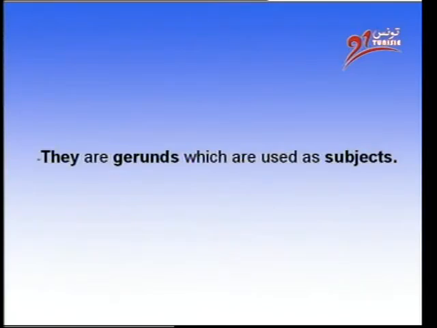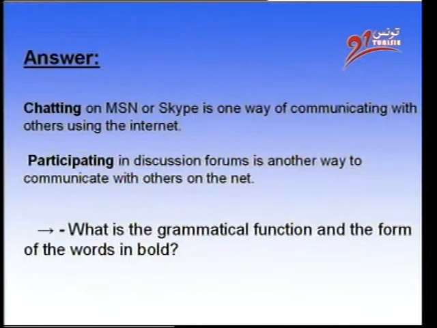There are gerunds which are used as subjects. Actually, our question was, what is the grammatical function and the form of the words in bold? Chatting and participating. What is the grammatical function of these words, and what is the form of these words? These words, as you can see, are put in the beginning of the sentence.